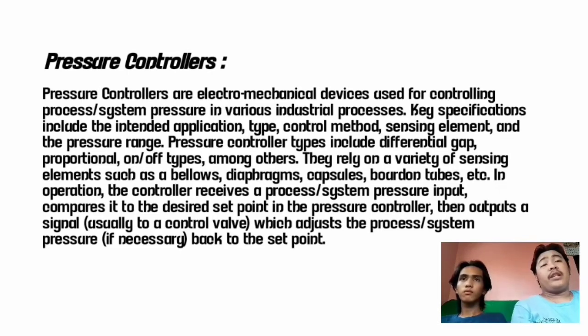In operation, the controller receives a process or system pressure input, compares it to the desired set point of the pressure controller, then outputs a signal, usually to a control valve, which adjusts the process system's pressure if necessary back to the set point.